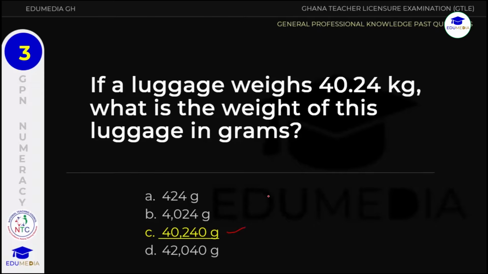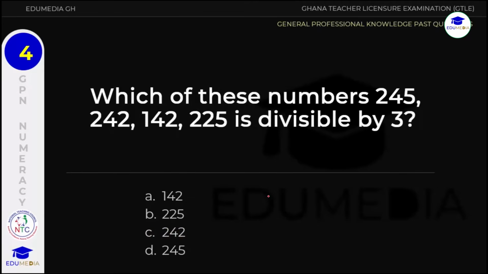Question number 3. Which of these numbers, 245, 242, 142, 225, is divisible by 3? So all these numbers that are stated here, which of them is divisible by 3? To check for numbers that are divisible by 3, especially when you have 3 digits, the easiest way to do it is to add up all the 3 digits, sum them up, and then see whether their total is going to be divisible by 3.